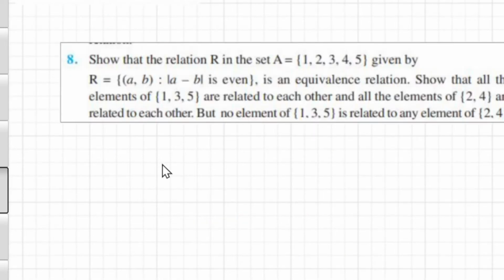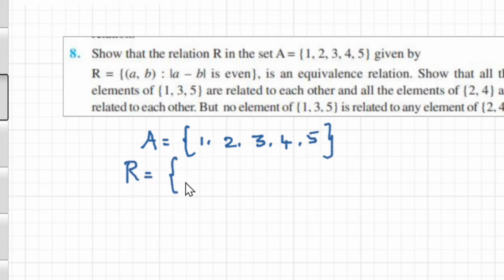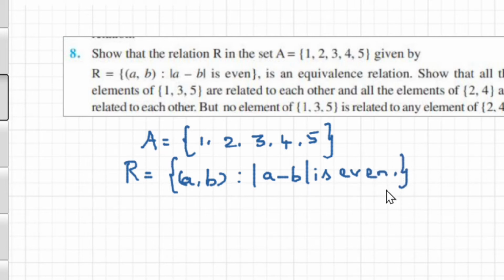Now the eighth one: show that the relation R in the set A equals {1, 2, 3, 4, 5}, given by R equals {(a, b)} such that modulus of (a minus b) is even, is an equivalence relation.